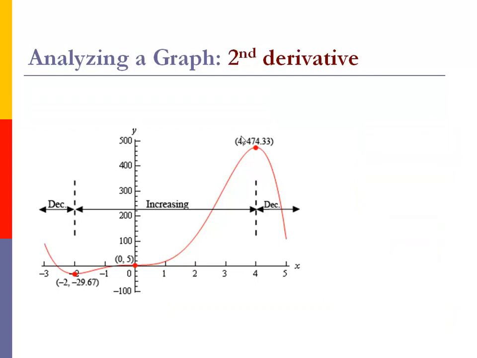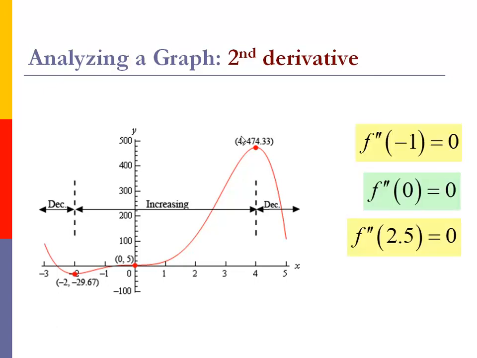Now from our second derivative, we get information about how things curve, the curvature of the graph. But before we get that, we have three cases where our second derivative is equal to 0. Each of these is called an inflection point, because these are where the curvature of the graph changes. Looking over here at negative 1, to the left of it the graph is curving up, like a bowl sitting the appropriate way and I'm eating my cereal and everything's fine.